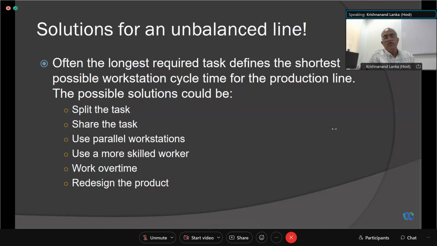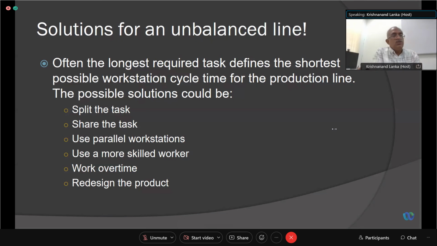We have a technique called DFMA, design for manufacturing and assembly. Sometimes simplifying your design, or redesigning the product for assembly convenience, might give you an edge.